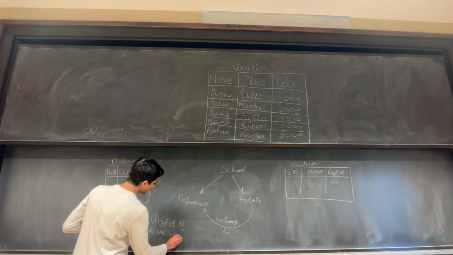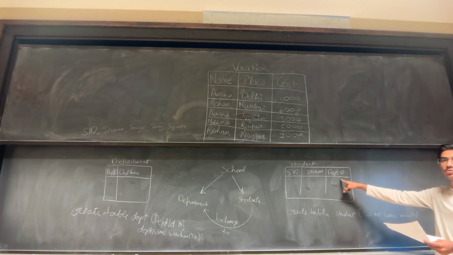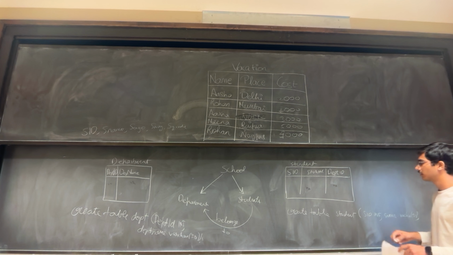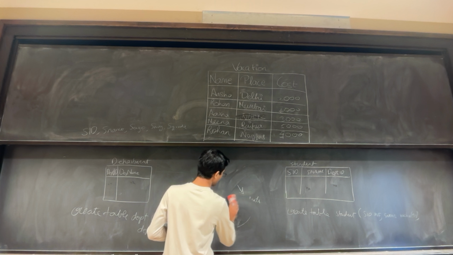So create table student, SID, which is an integer, comma, S name, which is a varchar of 50, let's say, and then I want to create my department ID as well.